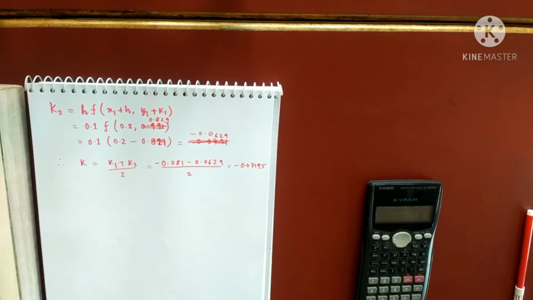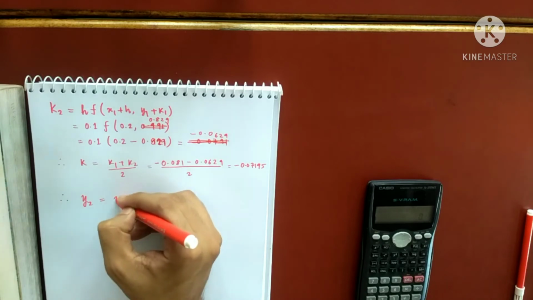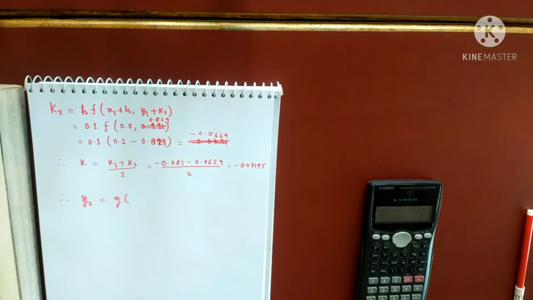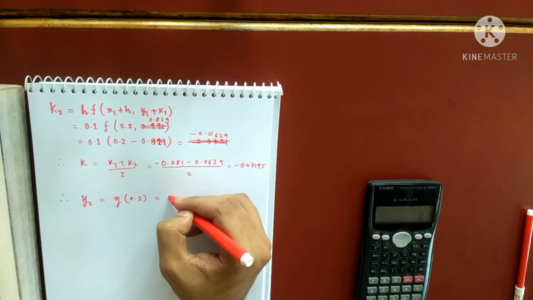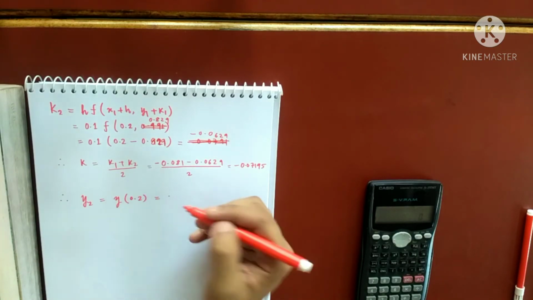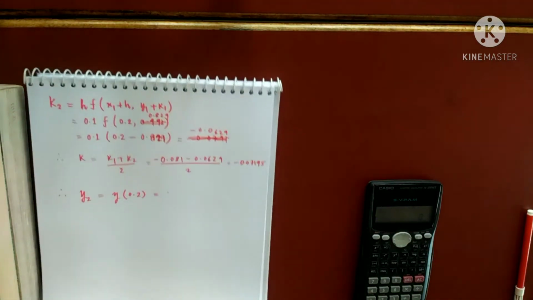So what is the value of y2? Y2 means y at 0.1 plus h, that is 0.2. It is y1 plus k. So y1 was nothing but 0.91.